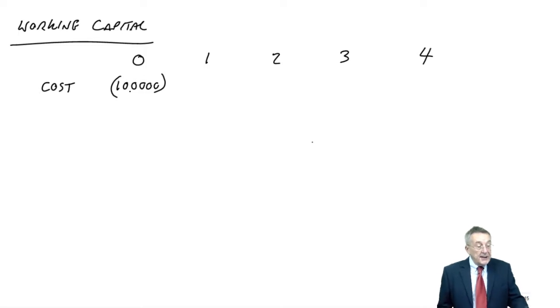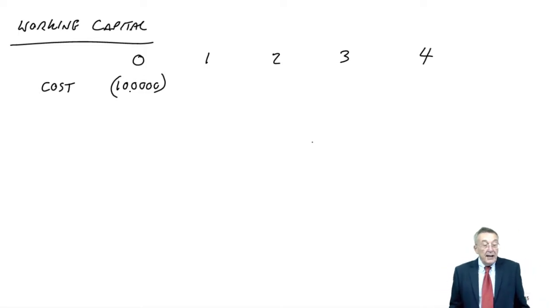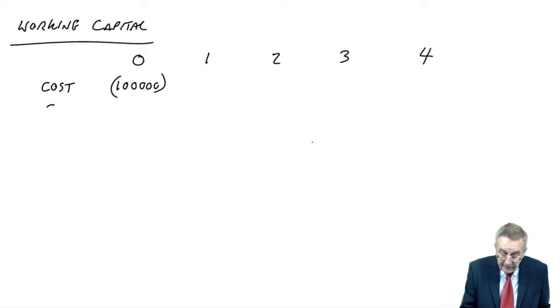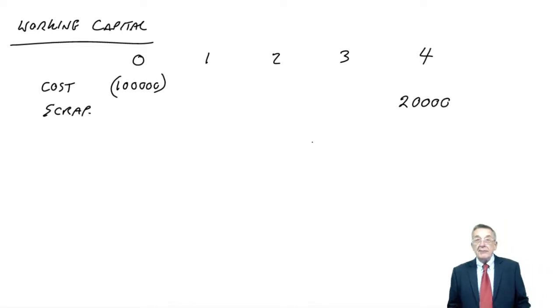Jumping over that, it says the project will last 4 years and have a scrap value of 20,000 at the end of its useful life. So there's a cash receipt: in 4 years' time, we expect to receive 20,000, a cash inflow.